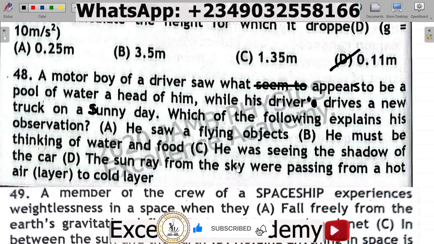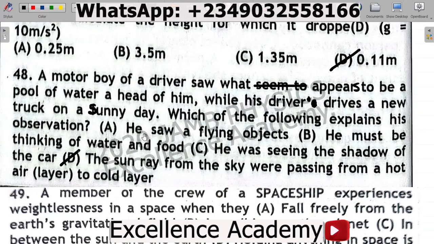D. The sun rays from the sky were passing from a hot air layer to a cold layer. Which of these is the correct answer? For 48, the correct answer is D: the sun rays from the sky were passing from a hot layer of air to a cold layer.